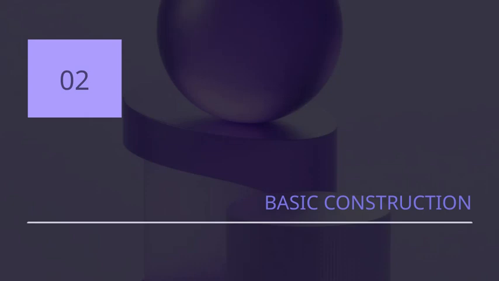Let's take a closer look at the basic construction aspects. When we talk about construction in this context, we're referring to the fundamental principles that ensure a structure is safe, durable, and efficient. It all starts with understanding the key components that make up a building, from the foundation to the roof. Each part plays a crucial role in supporting the overall integrity of the structure.